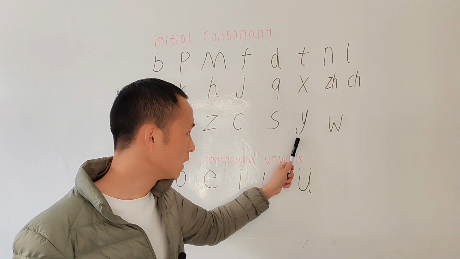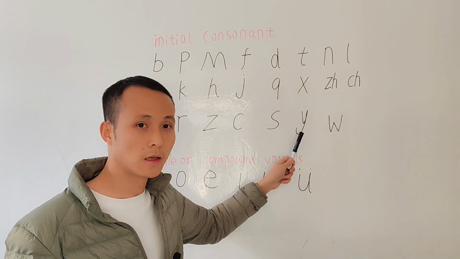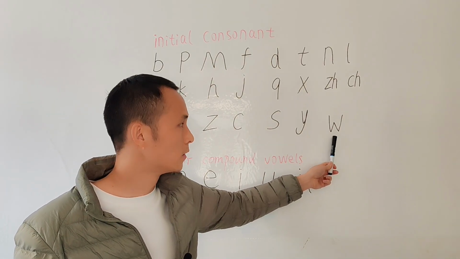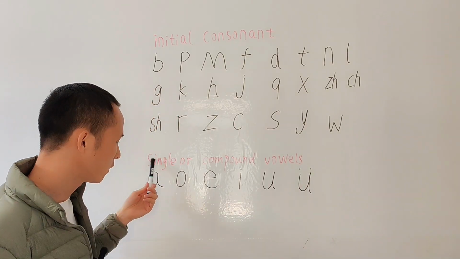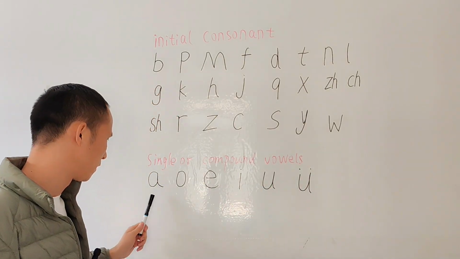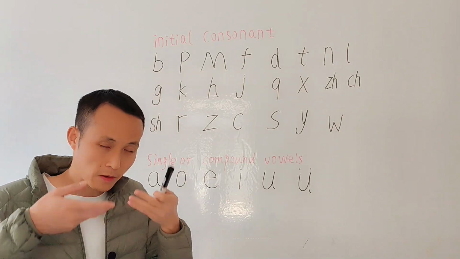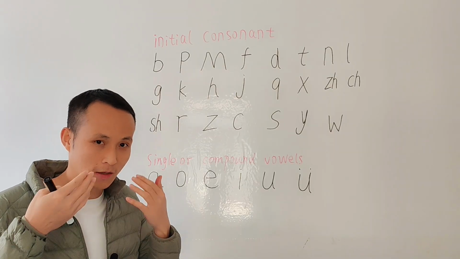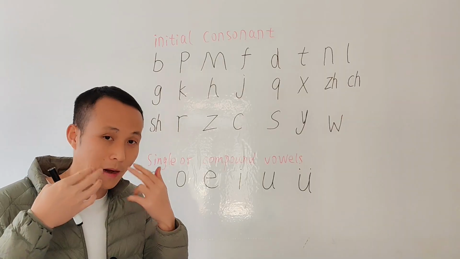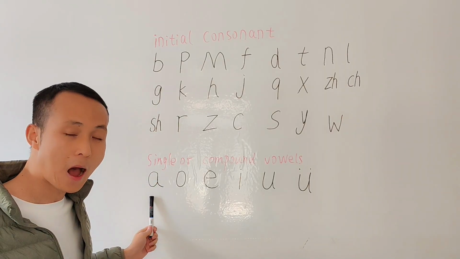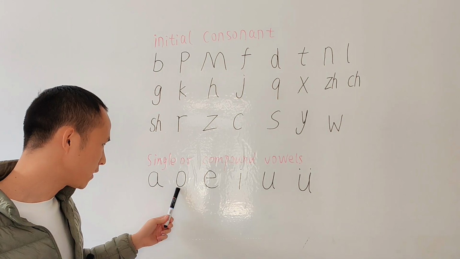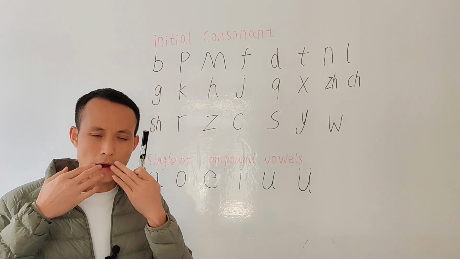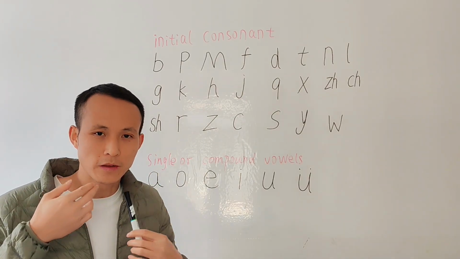Okay, y, w. Now it's the single vowels. A. Open your mouth widely, but not as wide as a crocodile, or you will hurt your mouth. In English, this reads oh, with the mouth shaped in a round.